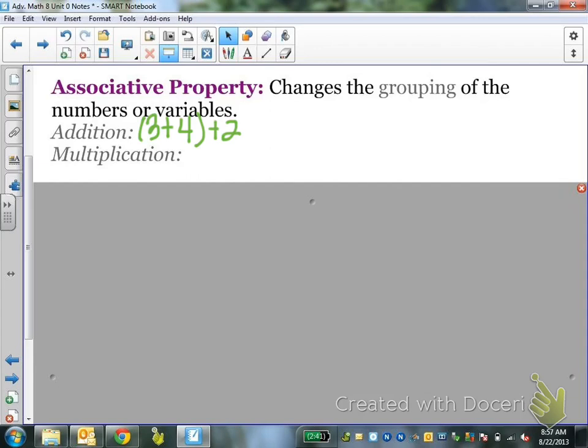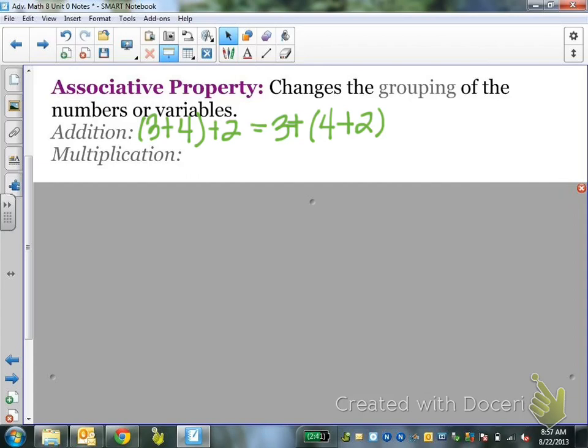And that is the same as saying 3 plus, and this time I group 4 plus 2 instead. So the order stays the same, but the way that I grouped the numbers is different. But according to the associative property, both are equal to each other.